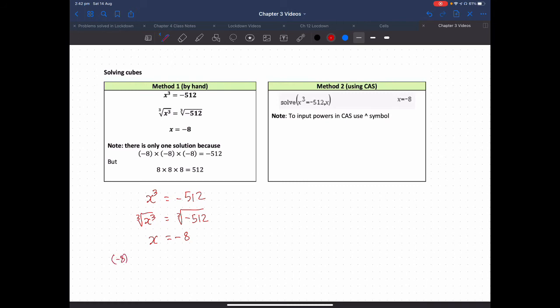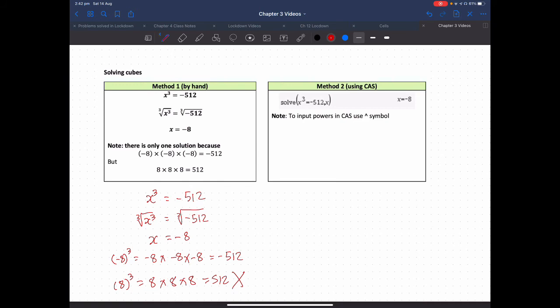Negative 8 all cubed means negative 8 times negative 8 times negative 8. Negative times a negative is a positive, times another negative is a negative 512. Whereas if we did 8 cubed, that would be 8 times 8 times 8, which is 512, not negative 512.